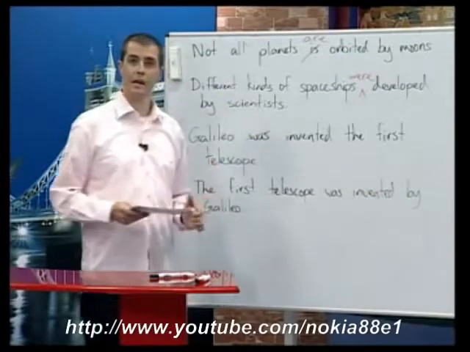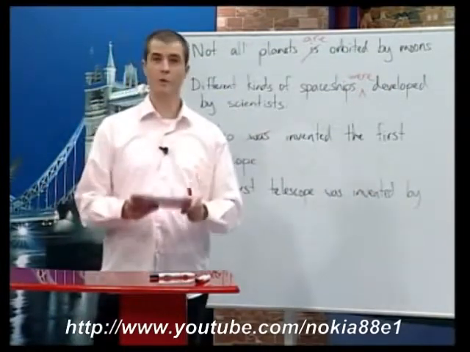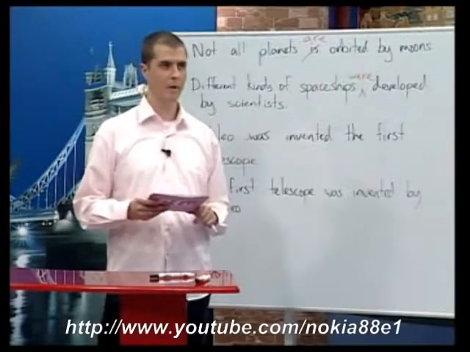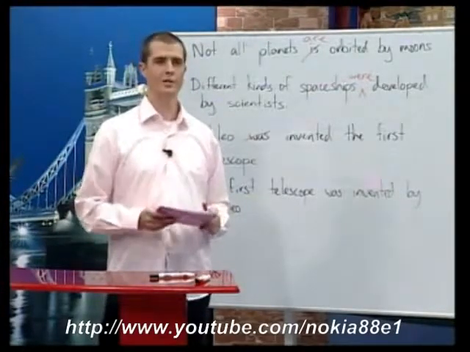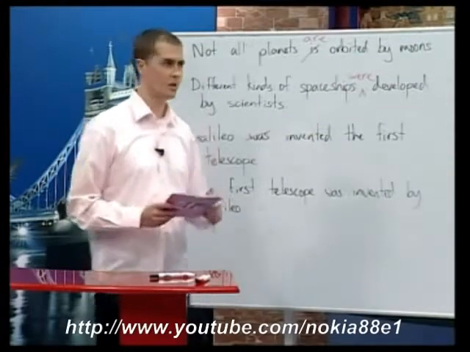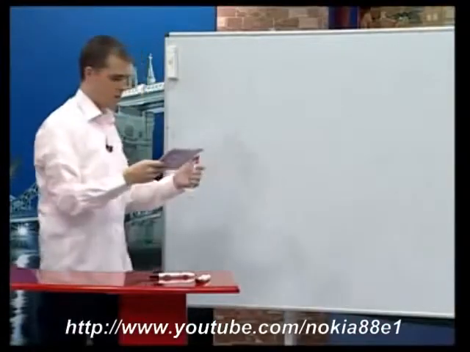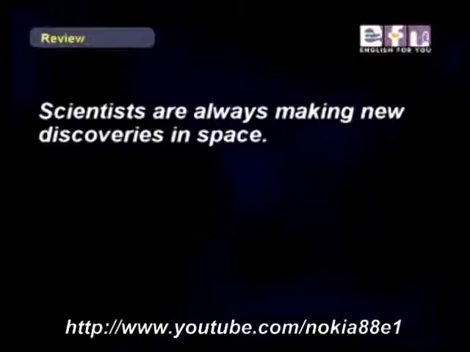Right, well let's try an exercise now using the passive voice with present continuous. I'll give you a sentence in the active voice and you change it to the passive, and we'll use the present continuous. And the first sentence goes to Rosa. Scientists are always making new discoveries in space.